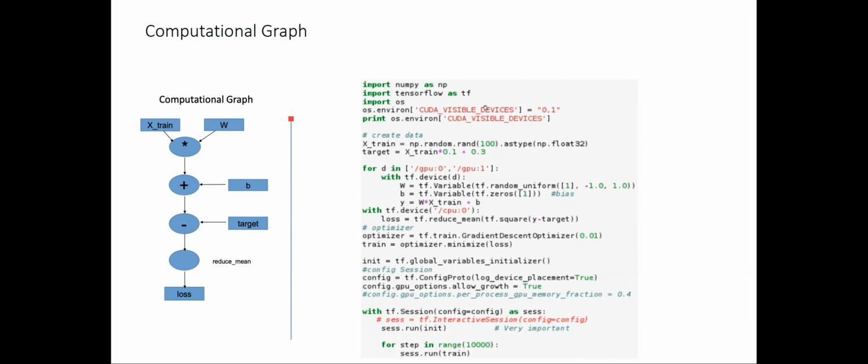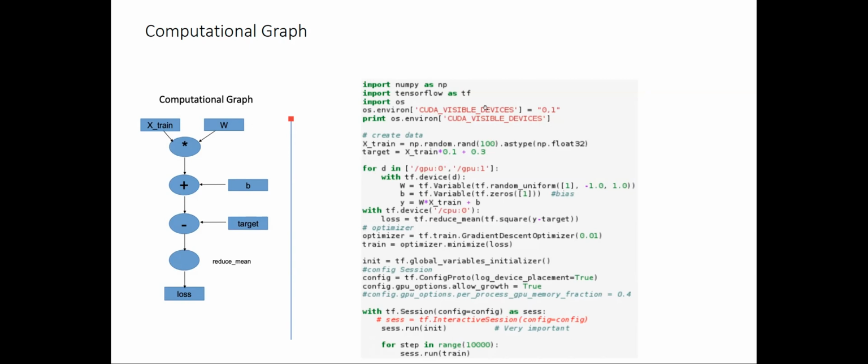So we have the input data tensor X, and another one is the W, which is a kernel or the weight. And we multiply them together, add a bias, and then subtract that from the target, and then get the loss that we need to do the backpropagation. So we describe this in TensorFlow, using Python as the high-level language.